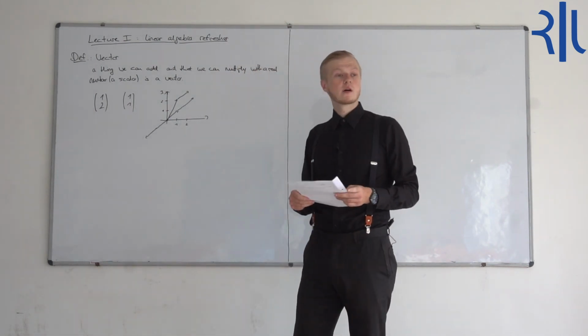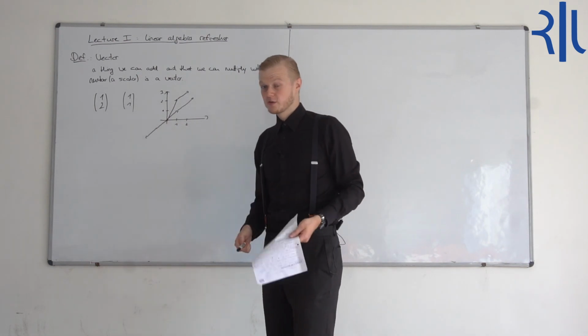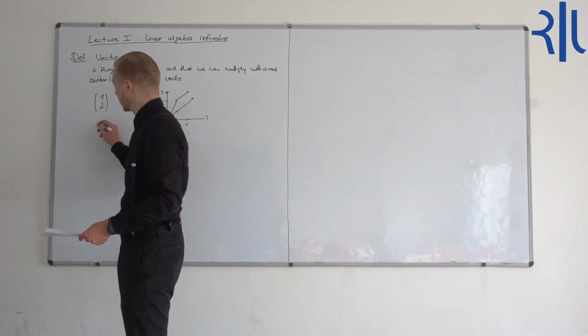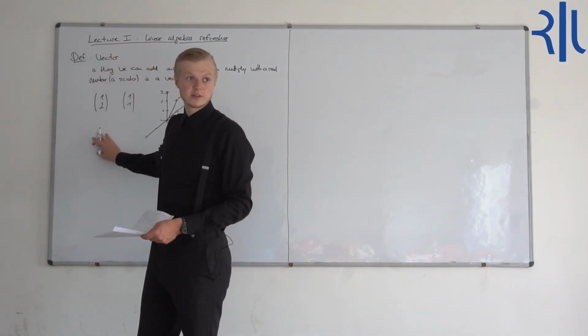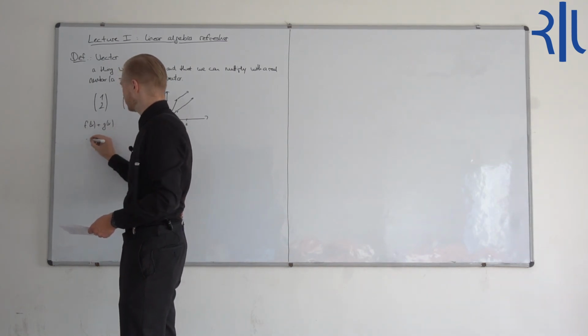But vectors are way more general, actually, than just those column vectors. For example, functions, real valued functions, are also vectors. So you can add two functions, f of x plus g of x.